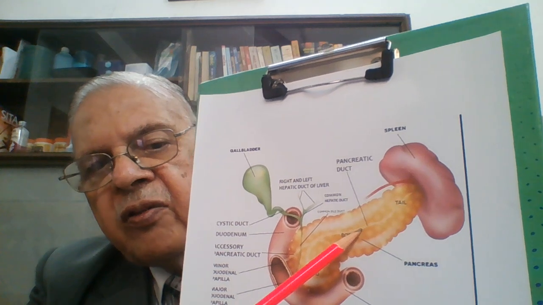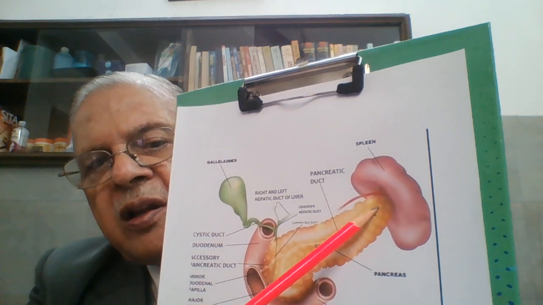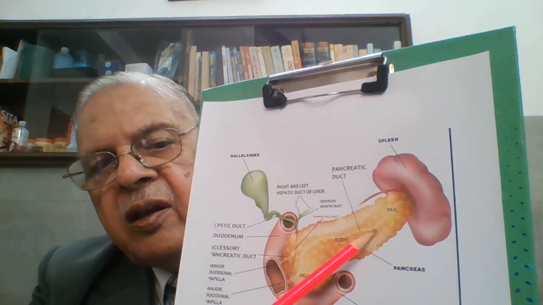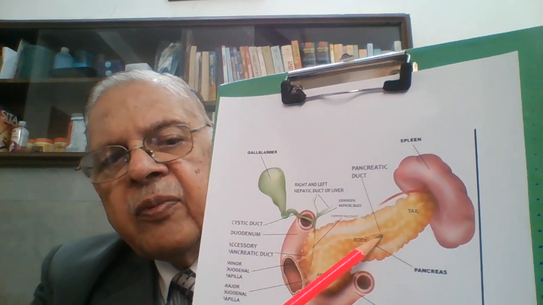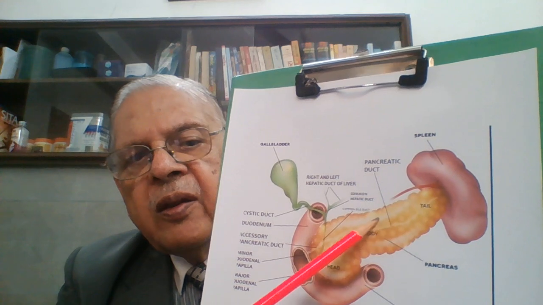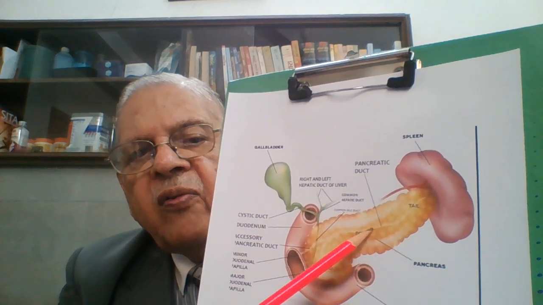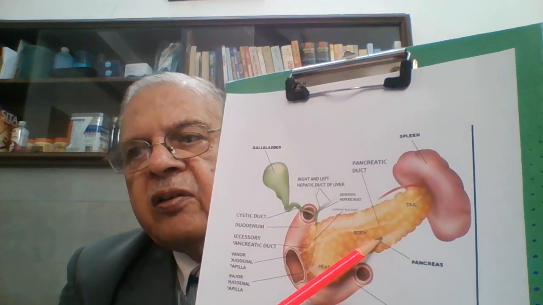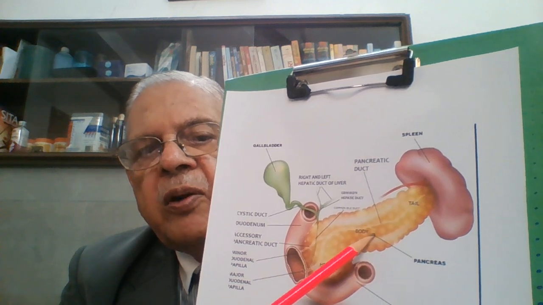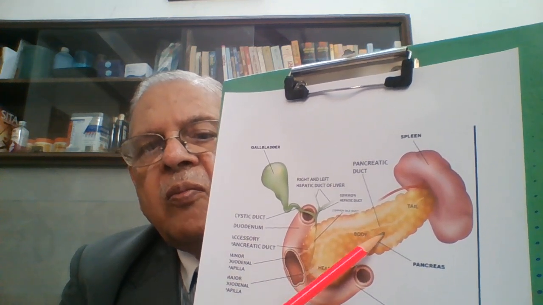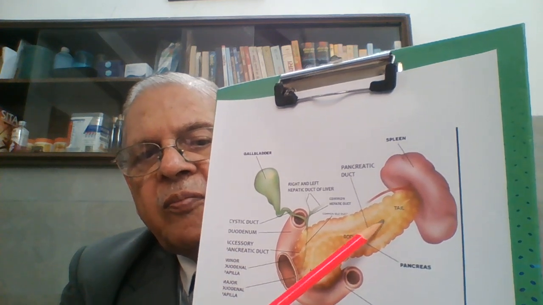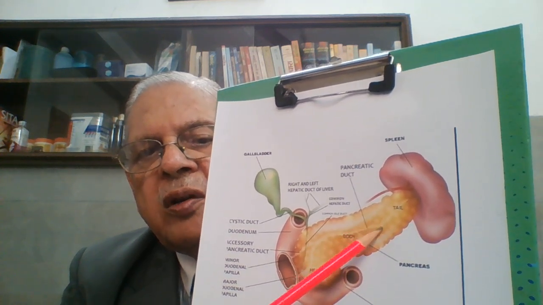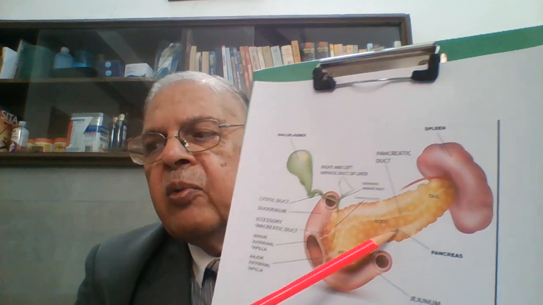This is the body of the pancreas, and this is the tail of the pancreas. Here, somewhere near the tail area, are located specified cells called beta cells of Langerhans. These beta cells are the one which produce insulin for burning our glucose. Remember, this is very important that beta cells produce insulin.